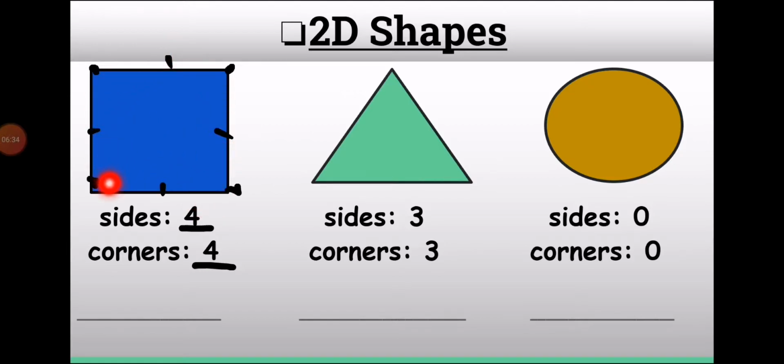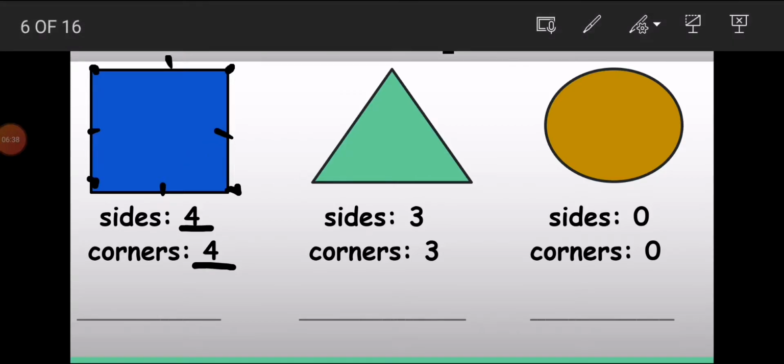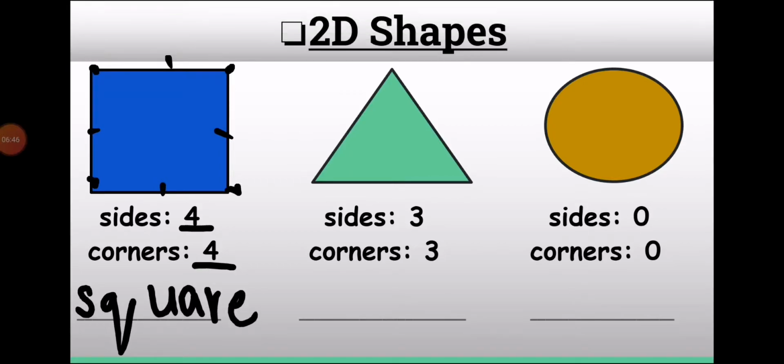A 2-dimensional, flat surface shape. It is called, yes, a square. Let me write the spelling here. Please learn the spelling of these shapes. Square. S-Q-U-A-R-E. And we have many examples of a square in our daily life, like a chessboard, a slice of bread, or a game board.